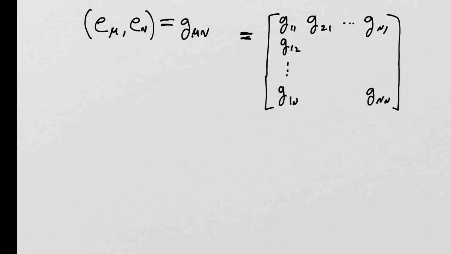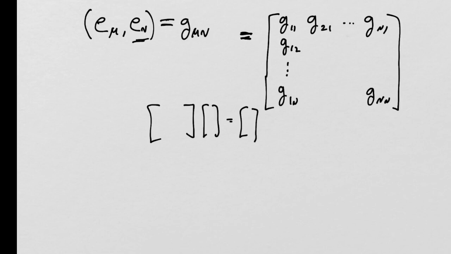So we're going to have to come up with a rule that allows us to take two vectors, use this matrix somehow, and produce a real number. And that's a bit of a challenge, right? Because if you have a matrix and a row vector, well, that gives you a row vector.